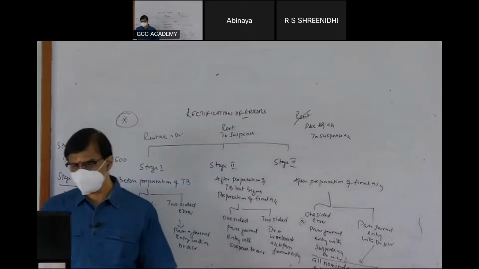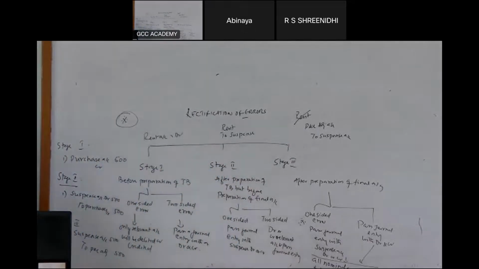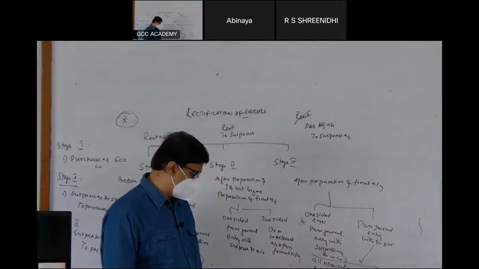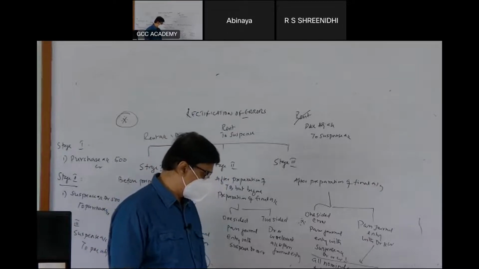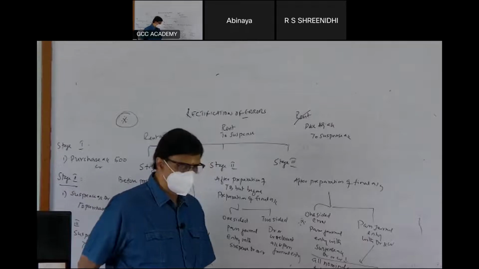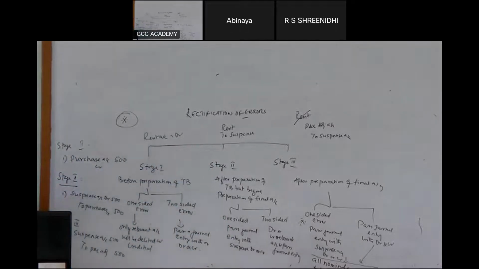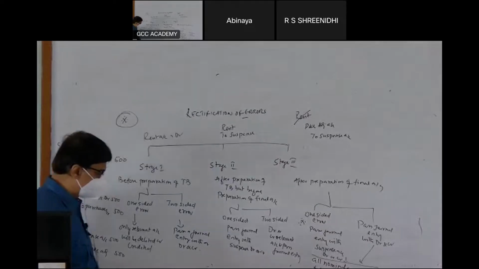Sales day book was overcast by rupees 1000. Is it one-sided error or two-sided error?